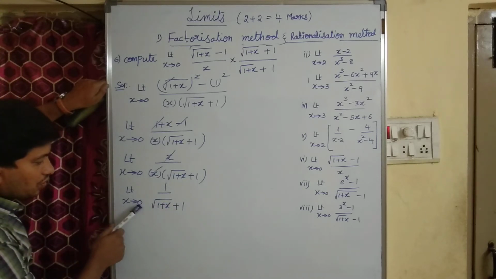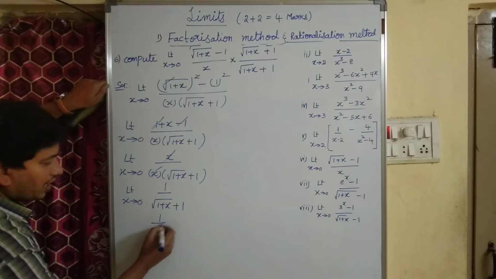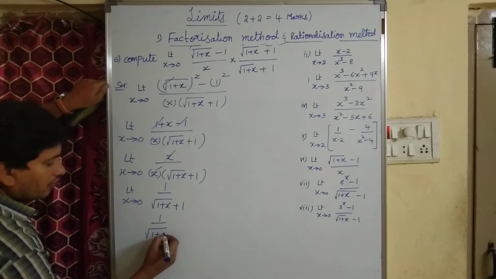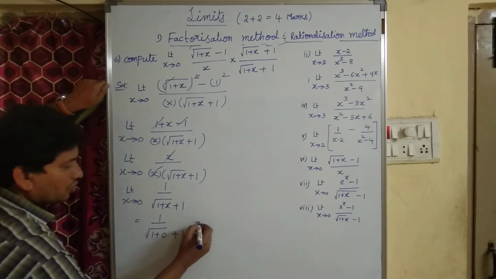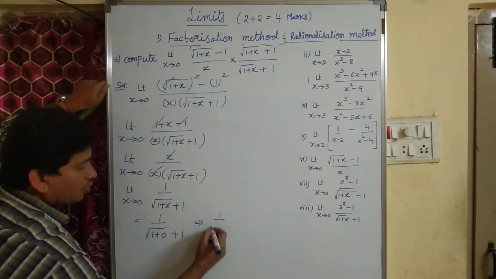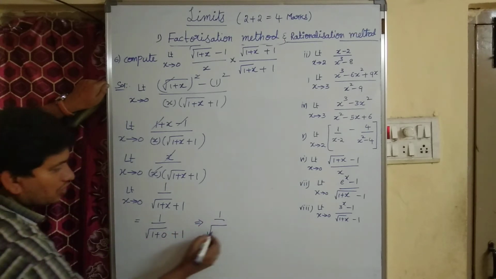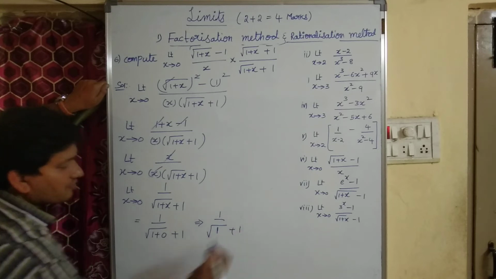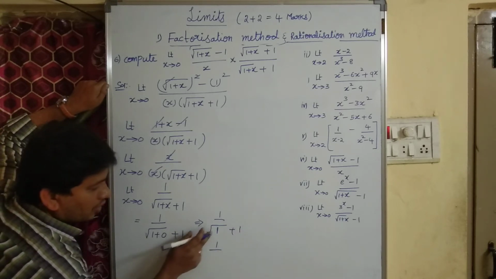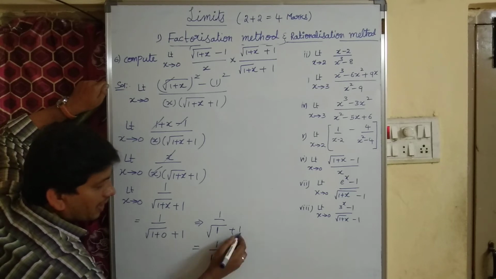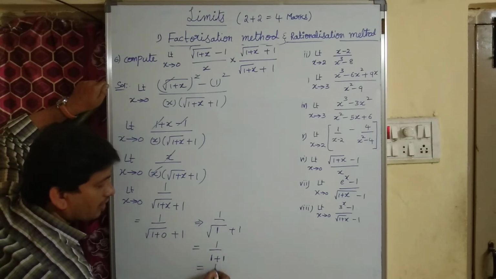As x tends to 0, in place of x we have to substitute 0. 1 by root over 1 plus 0 plus 1, which is equal to 1 by root 1 plus 1.